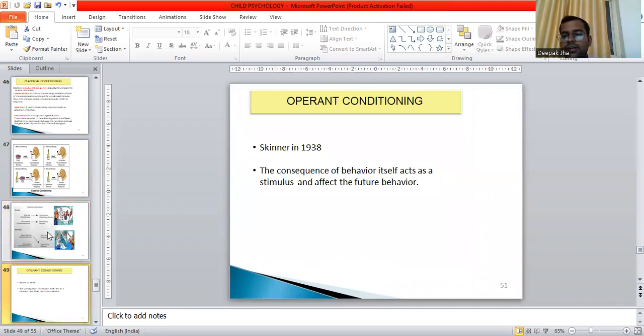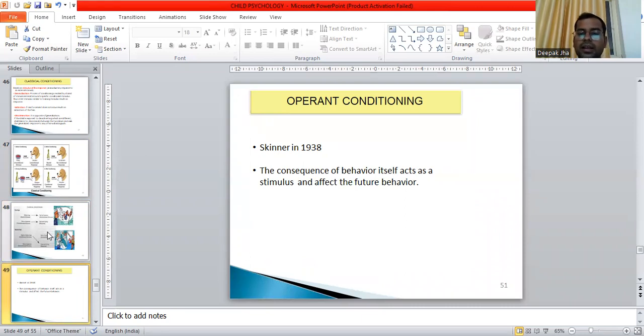Next, coming on to another theory, which is the operant conditioning theory. It was given by B.F. Skinner in 1938. What Skinner basically believed is that the consequence of a behavior itself acts as a stimulus for the future behavior.